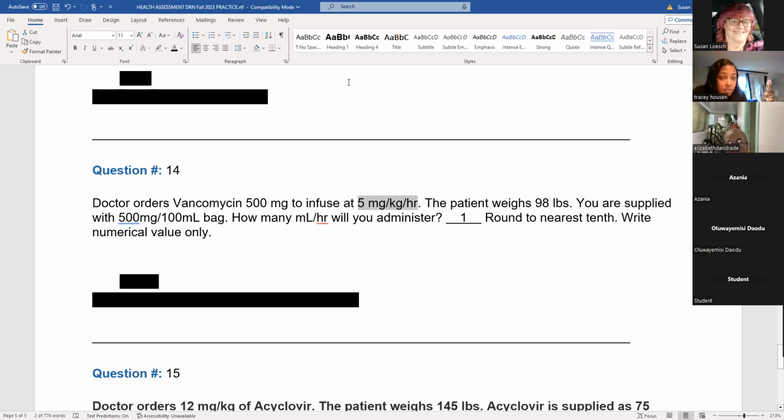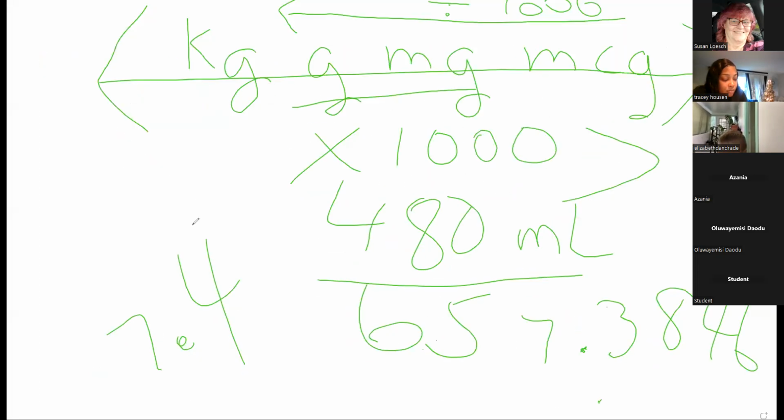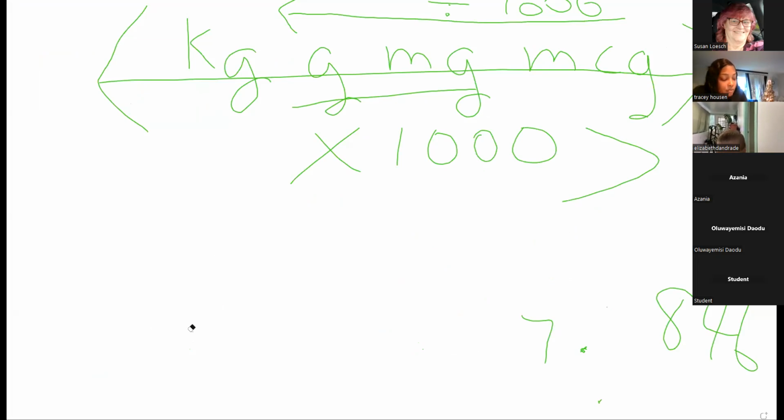Let's go to the whiteboard. Now, when you do these, you want to leave everything in the calculator. So I start with my weight, which is 98.